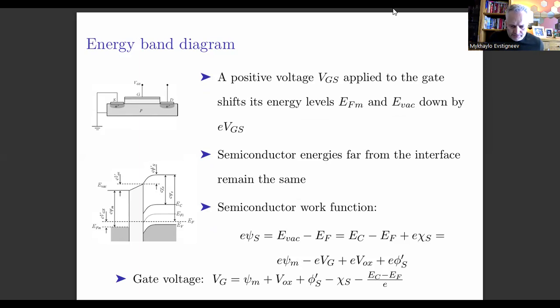The last slide in this lecture, the energy band diagram. Now let us apply a voltage V sub GS between the gate and the source, the gate voltage.